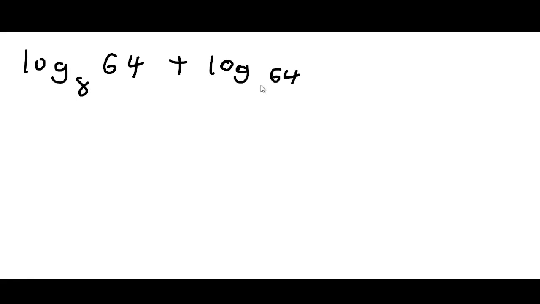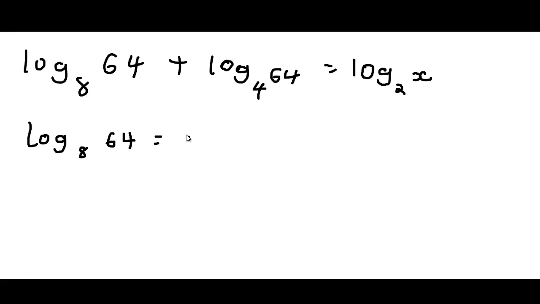Our last example: log base 8 of 64 plus log base 4 of 64 equals log x base 2. We can say here, let's say log base 8 of 64 equals a, and log base 4 of 64 equals b.